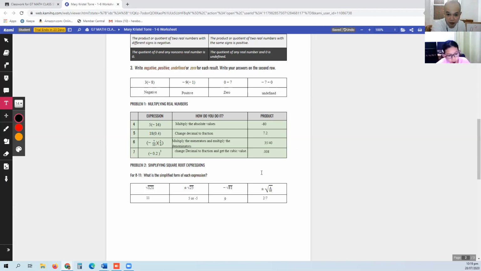So positive 2 over 7 or, you write or, the last one, negative 2 slash 7, 2 over 7.